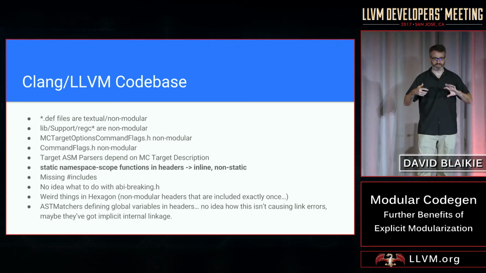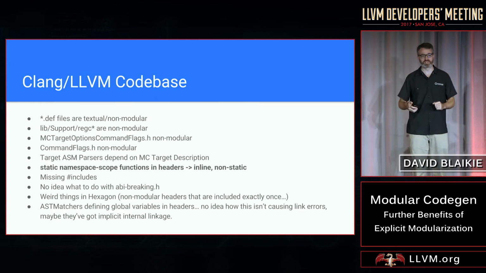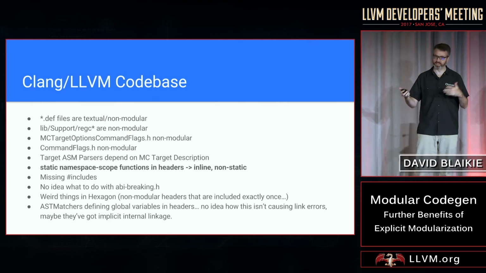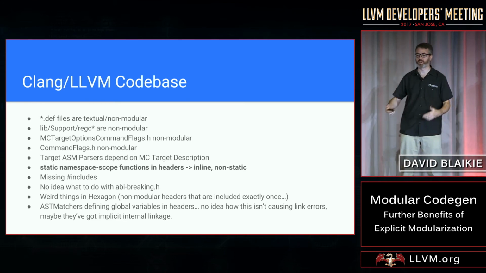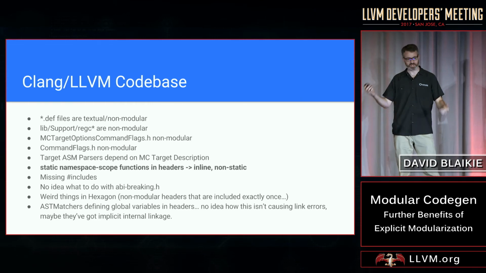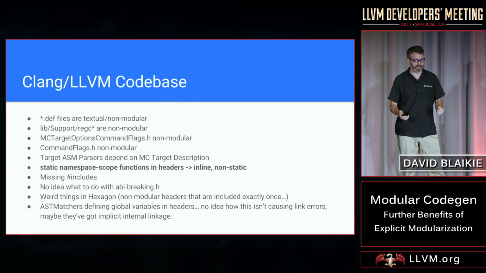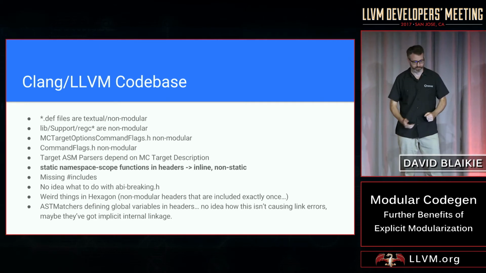Google's build system doesn't use user-written module maps. We describe things in the build system and it generates module maps. So we can't use the open source module maps in our build system, so I had to teach it the same things. There are a bunch of headers that are non-modular, that pretend to be modular. The command flags are basically header files full of static CL options that you just dump into an LLVM tool to be like, oh, now I have all the flag support for whatever.